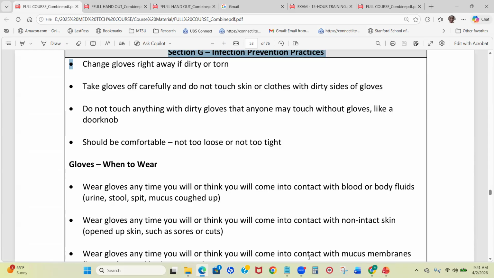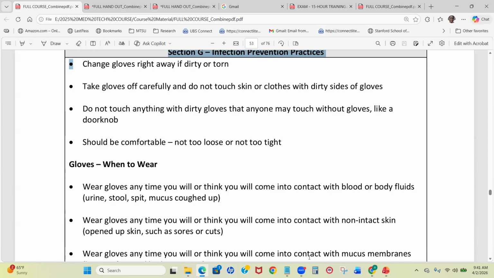Anything can happen in the middle of doing something that doesn't involve any fluids. And if I have my gloves on, I'm able to grab a tissue, give it to them, or help them if they are not able to do that themselves.